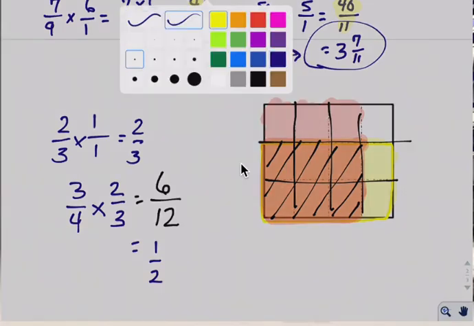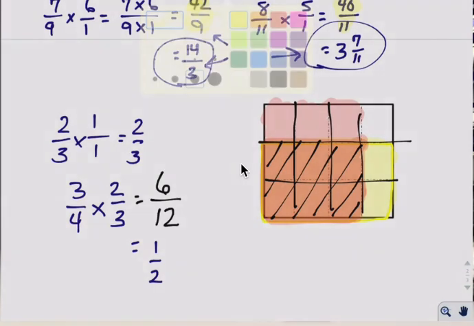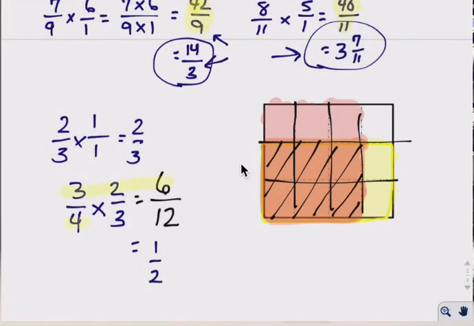And if we look back at our multiplying of fractions here, the 3/4 times the 2/3, we see that 3 times 2 is 6, and 4 times 3 is 12. And then we can simplify that down to 1/2.